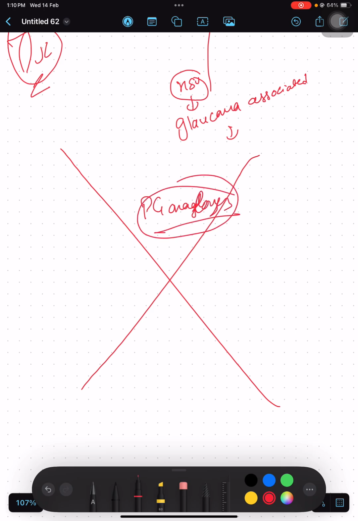Why are you not going to give PG analogs? Because if you give PG analogs, it promotes the herpes activity.